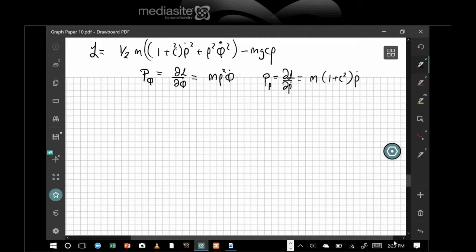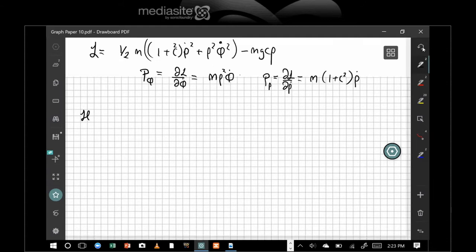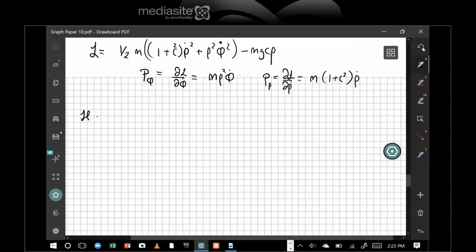Now we have to get the Hamiltonian. Let's not write the functionality just yet, but let's just do the transformation. Remember, I have to sum up over all generalized coordinates. So I have to write this as p sub rho rho dot plus p sub phi phi dot, minus the Lagrangian. That's from the definition of the Hamiltonian.